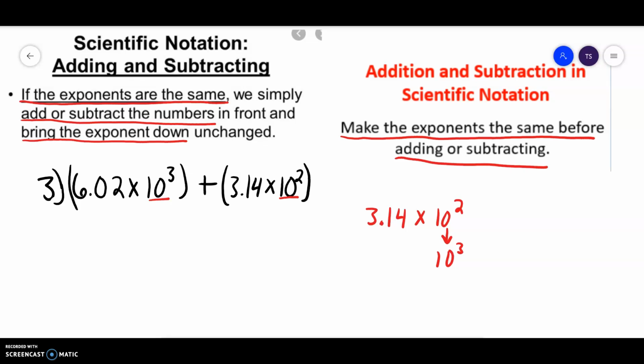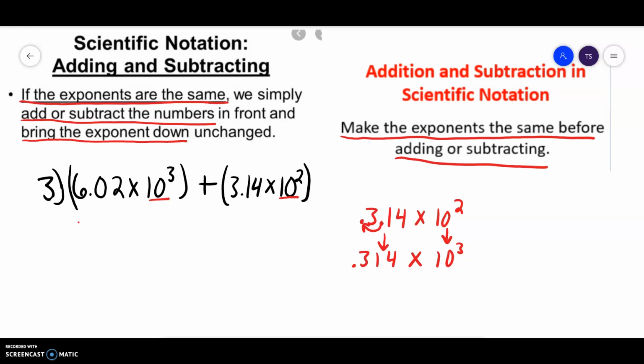Do we have to move it to the left and make the number smaller, or right and make the number bigger? We have to move it to the left, okay? So our number got smaller, so now it's 0.314 times 10 to the third power. Our number on the left got smaller and our number on the right got larger.